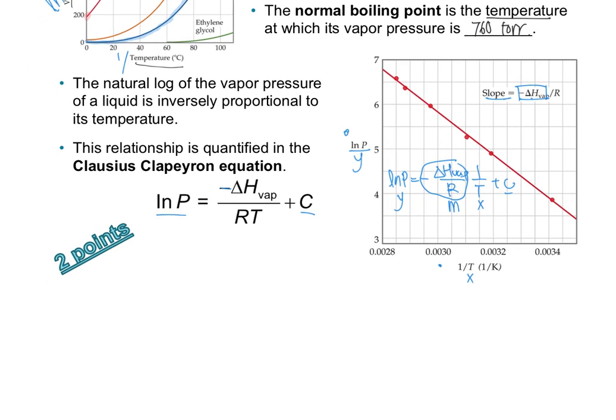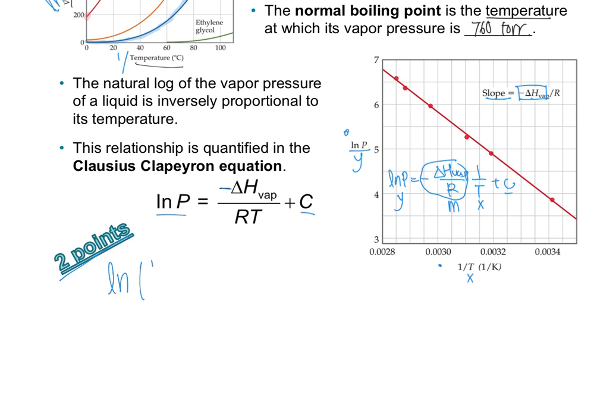We can take the 2-point version of this equation, which I strongly recommend using, and you'll use it in some problems in your homework when it gives you, here's a vapor pressure at this temperature, here's a vapor pressure at this temperature. What's the enthalpy of vaporization? Or it might say, here's a pressure and a temperature and enthalpy of vaporization. What's the pressure at this other temperature?